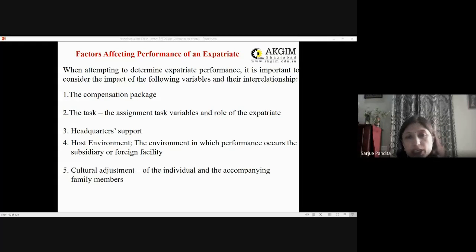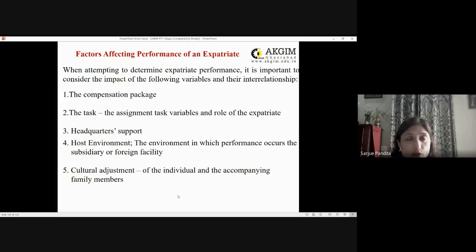This we have already discussed: all the types of environment prevailing in the host country will affect the performance of an expatriate. And lastly, we have cultural adjustment, that is, how the employee is adjusting to the culture. If he is okay with it, obviously his performance is going to be good.